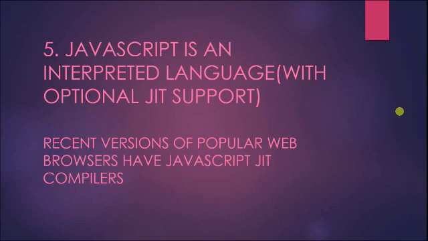But now, with the advent of modern browsers, you can say that it is also a compiled language, with a special type of compiler called the JIT compiler, or just-in-time compiler. Actually, the JIT compiler is meant for better performance in web browsers.